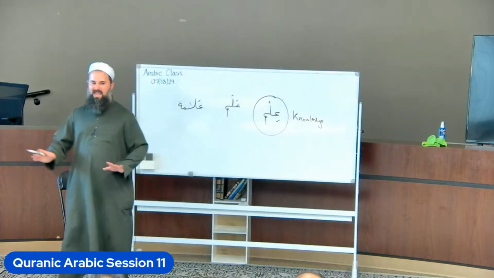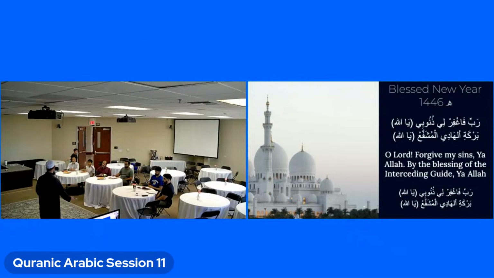Whenever you find anything that has these root letters in it, you're going to have something to do with knowledge. So you get, for example, an alam, which is a flag. Alam means a flag. It also means a huge mountain, and it also means a proper noun.